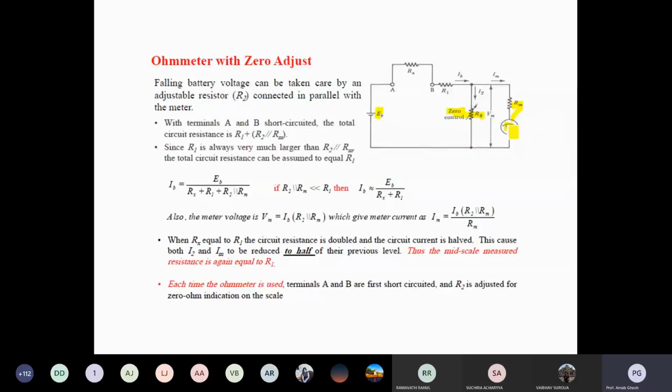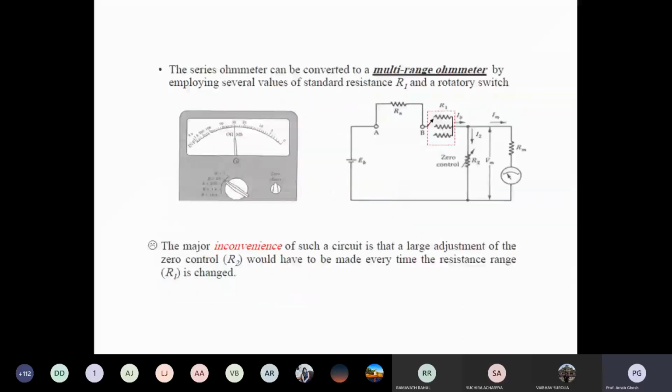Okay. So here you can observe that the scaling of the ohm meter is not linear. So it is non-linear in nature. So a multi-range ohm meter can also be applied. If you use different values of standard resistance for R1, a sliding changeover switch is there for condition 1, condition 2 and condition 3.